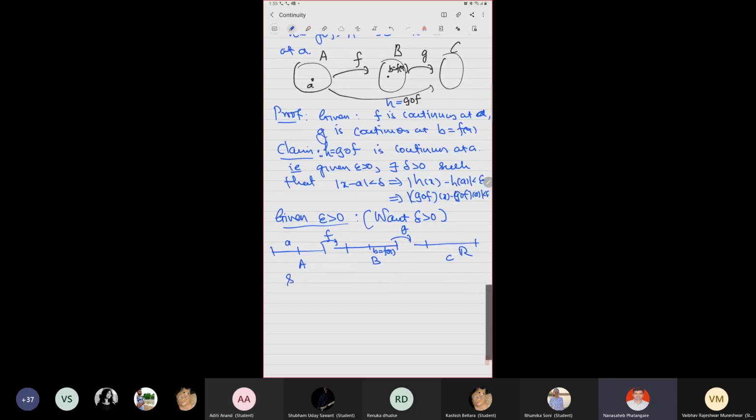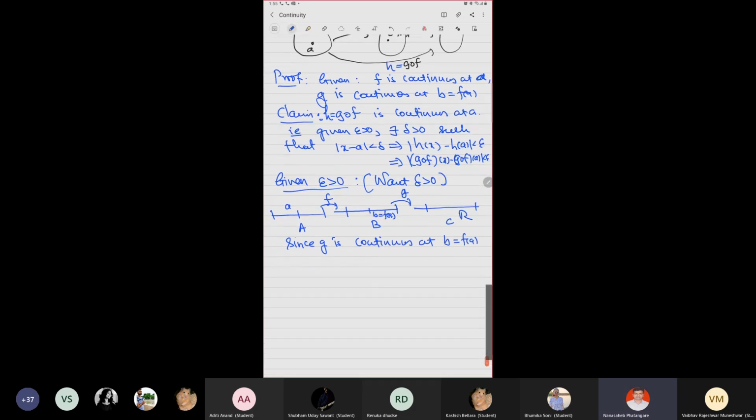So since g is continuous at b, is it true that g is continuous at b? Yes. So epsilon is already given.